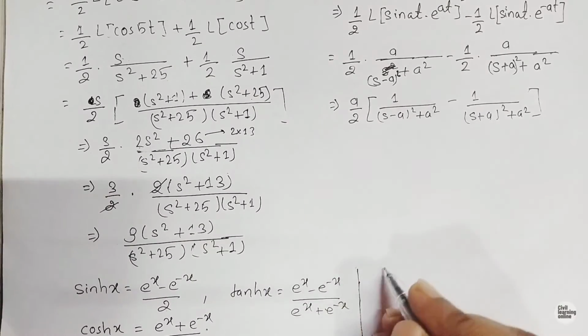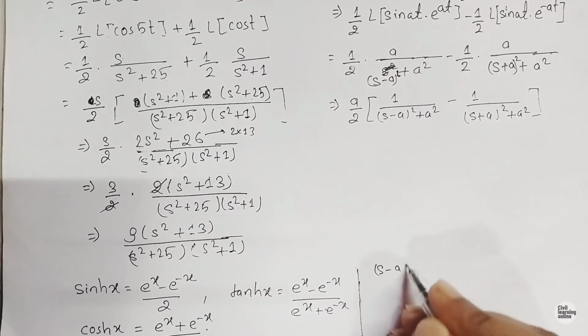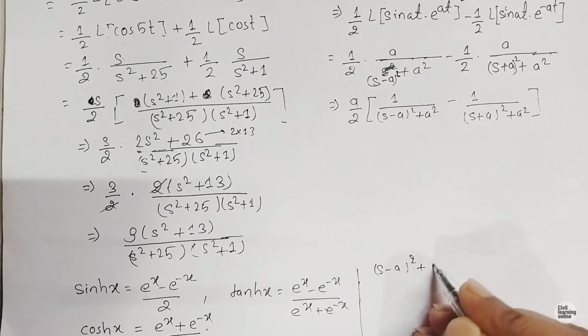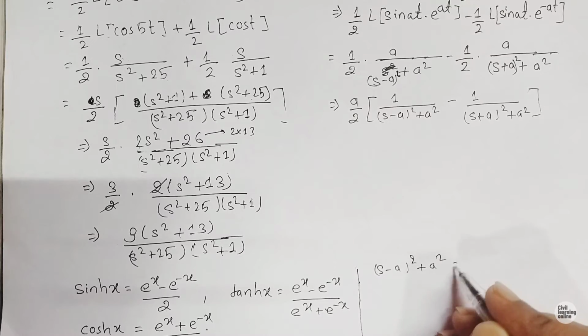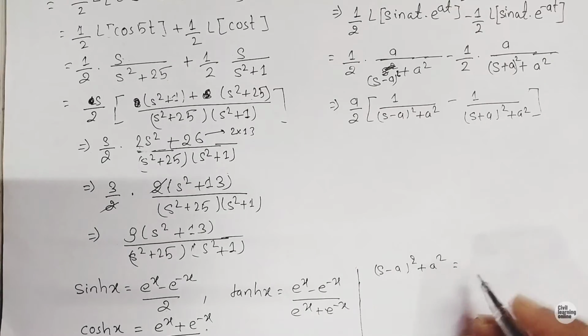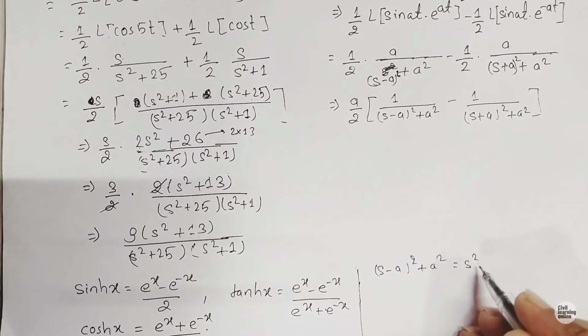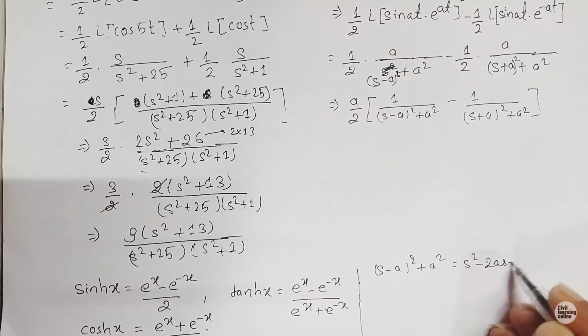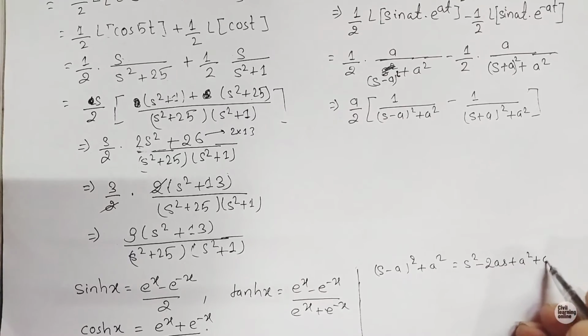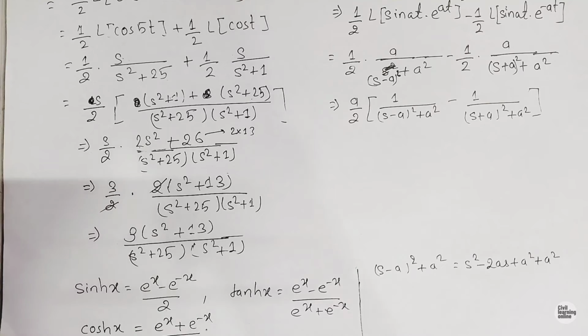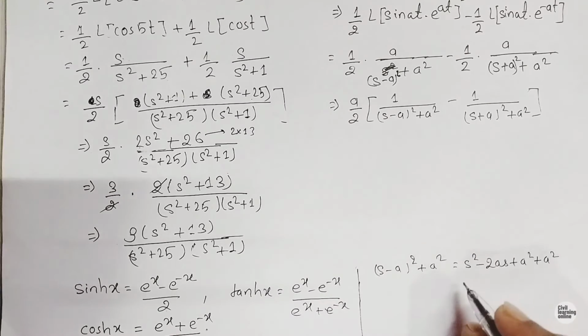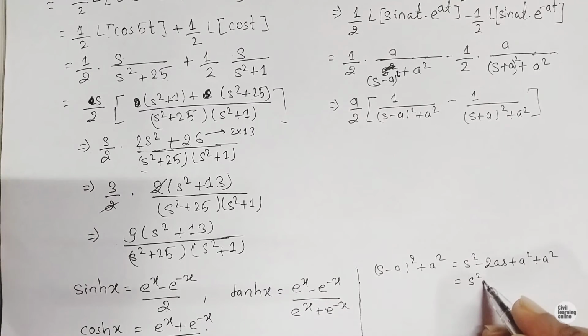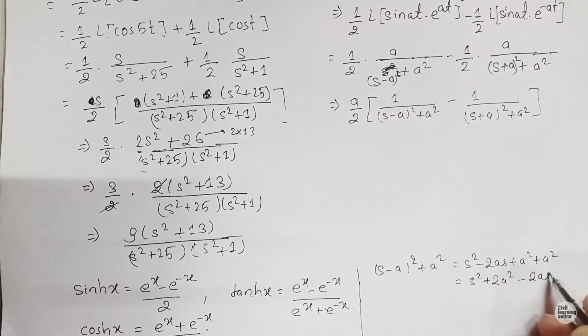We have the first term, (s minus a) square plus a square, so it is going to be s square minus 2as plus a square plus a square. We can rewrite it as s square plus 2a square minus 2as.